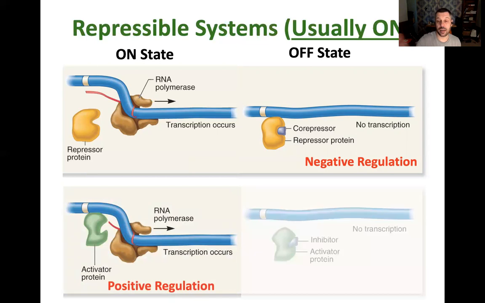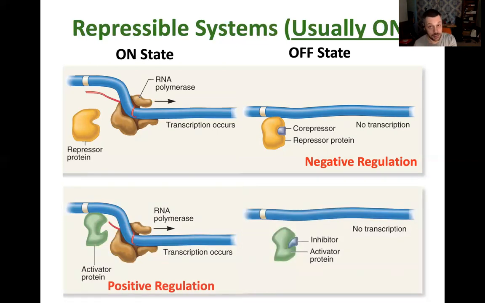And then in this case, an inhibitor, not a co-repressor, because it's binding an activator protein, will bind to this activator protein, causing it to fall off the DNA, so it no longer recruits RNA polymerase, turning off transcription of the gene.